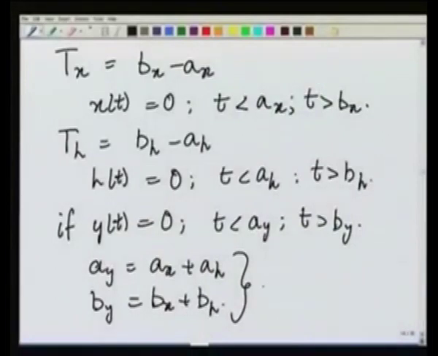In fact, you will immediately see that this is what leads us to conclude that T_y equals T_x plus T_h. So, without even doing the convolution, you can say a few things about the output of a system.